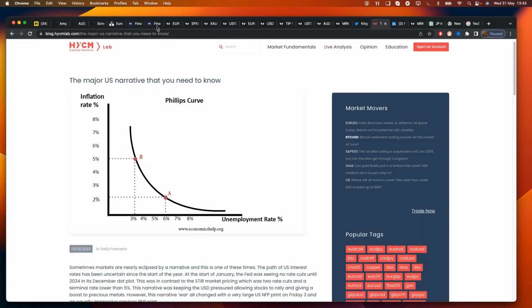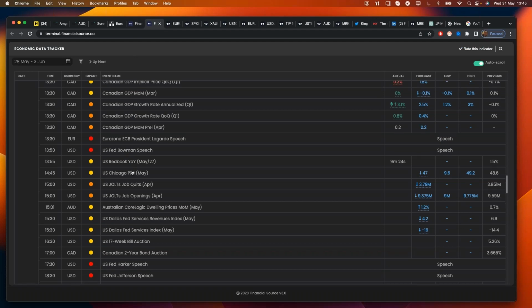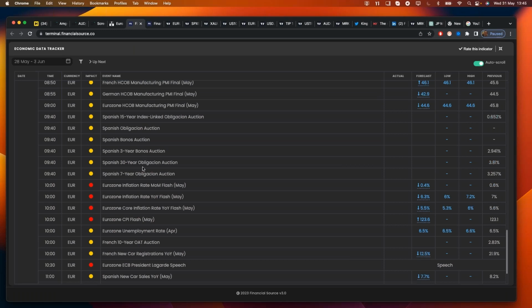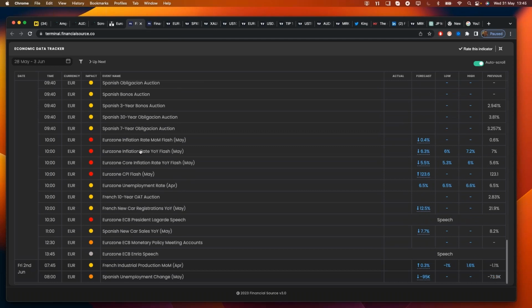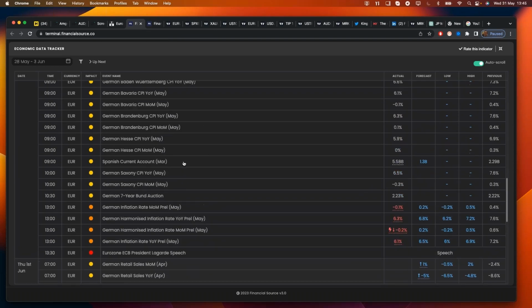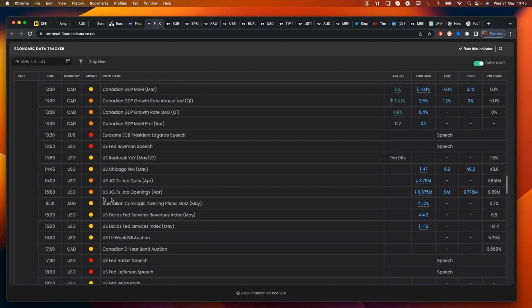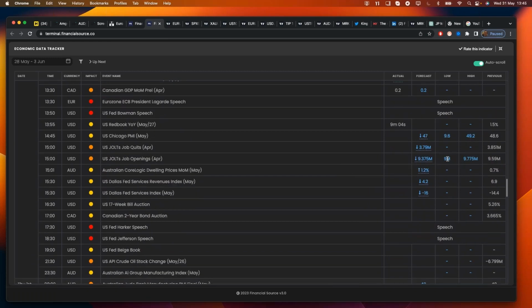So what the Fed think, and rightly so, is that if jobs are falling, then that's disinflationary. So what you need to look at is, if we see later on in the session lots of disinflationary forces, so say it comes in below minimum market expectation, below 9 million, and the job quits are increasing above 3.851 million, then markets think, aha, jobs are weakening, that's disinflationary.